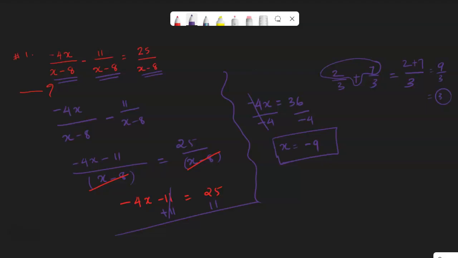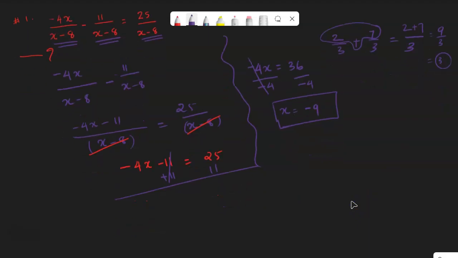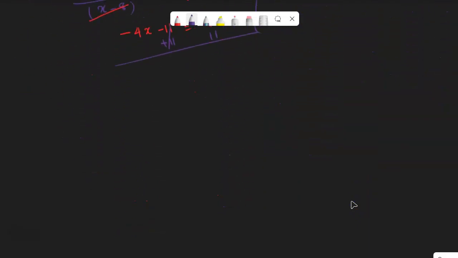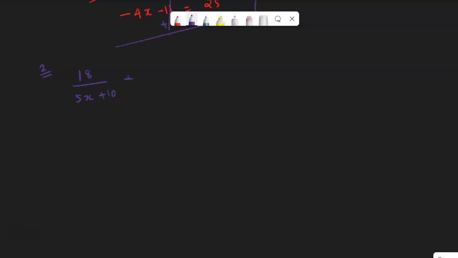So the next problem that I wish to help you with is 18 over 5x plus 10, plus 4 over 5, equal to negative 6 over x plus 2.